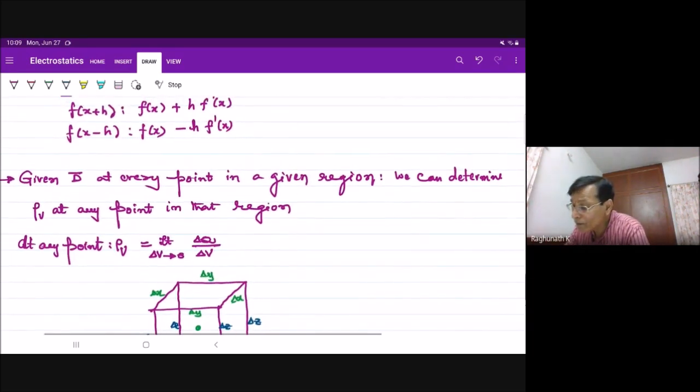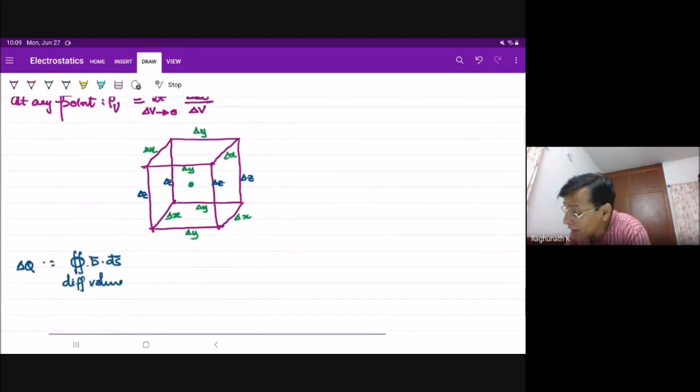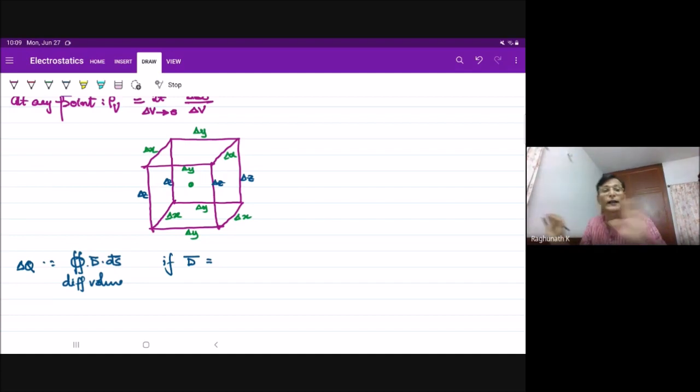Given D bar, if D bar is equal to, in general for me, Dx ax plus Dy ay plus Dz az at the center, at the point. Listen carefully.